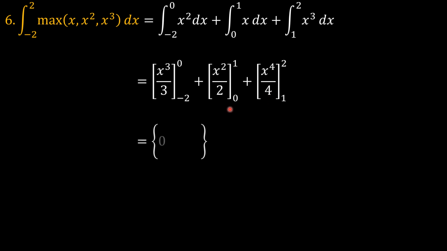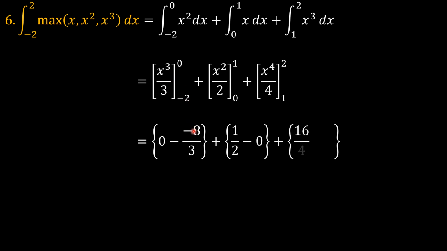And so when we apply the limits, we have 0 minus negative 2 cubed, which is going to be negative 8 over 3. And then we have 1 squared over 2 minus 0 squared over 2, which is just 1 over 2. And then here we have 2 to the power 4, which is 16 over 4, minus 1 to the power 4 over 4, which is 1 over 4.